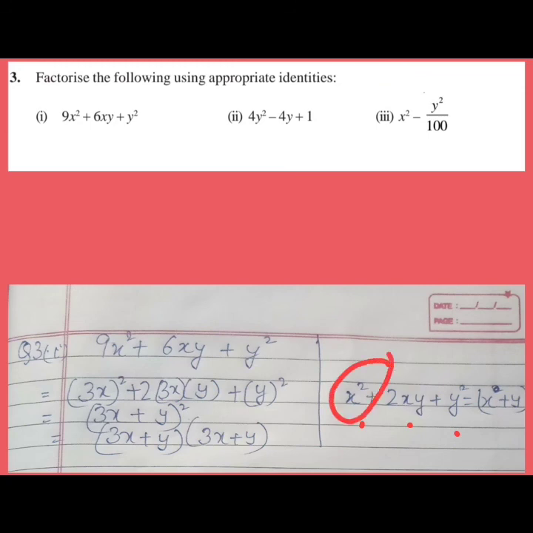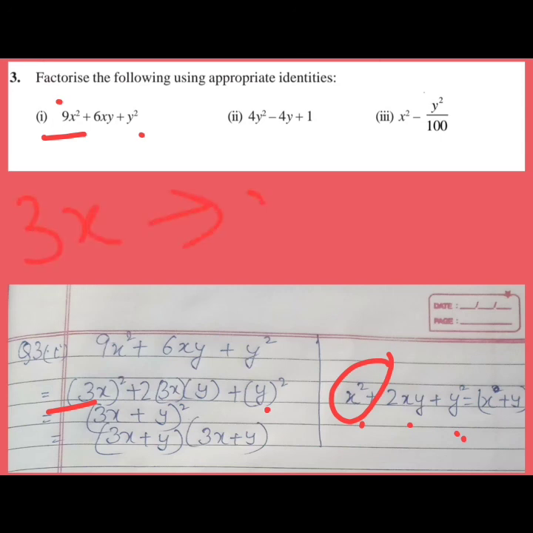Now this is 9x square, so we take the square root of 9, which is 3, so it becomes 3x whole square. The last term is y square, so we write y whole square.